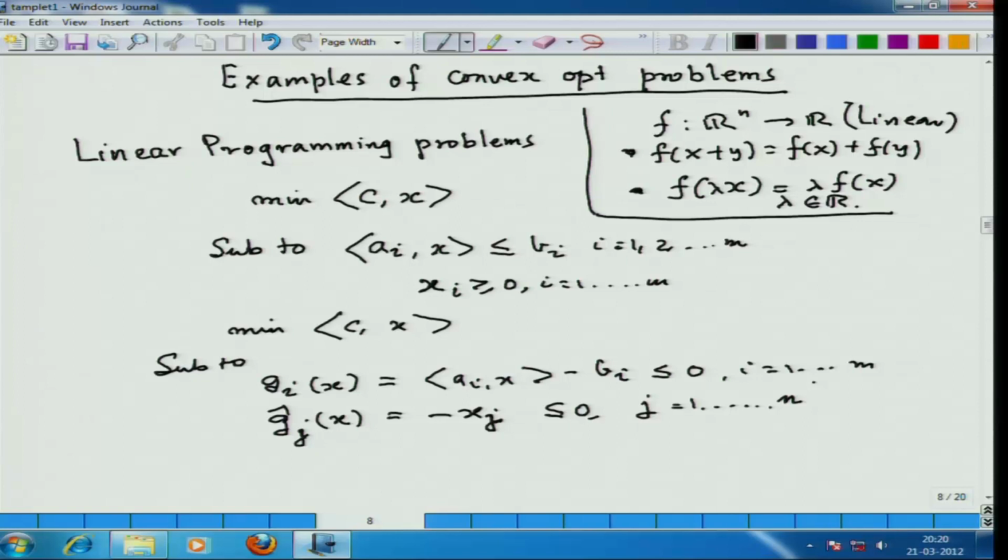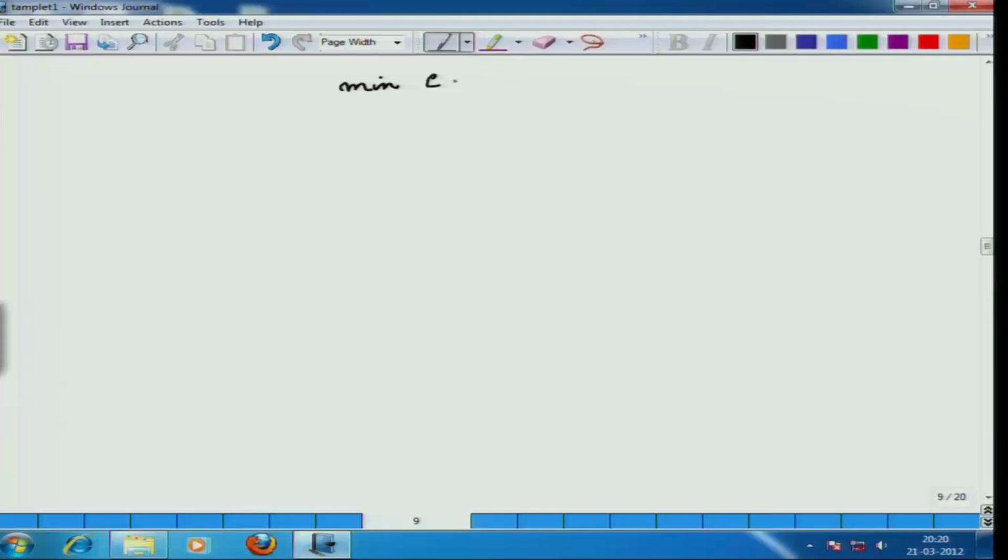So, you can actually put this Ai transpose x minus bi, this whole thing, into a matrix form, and you can write this as follows.